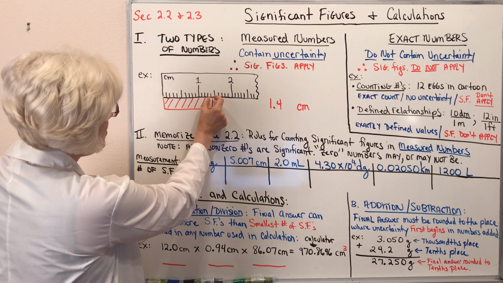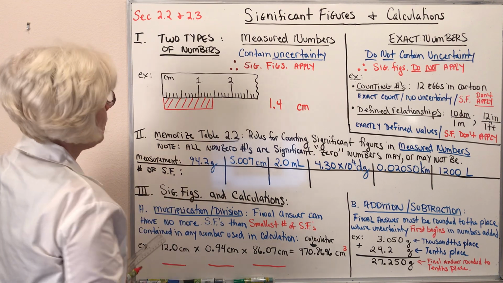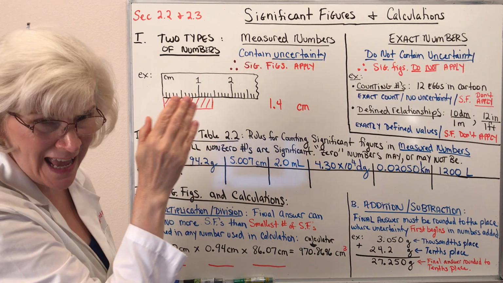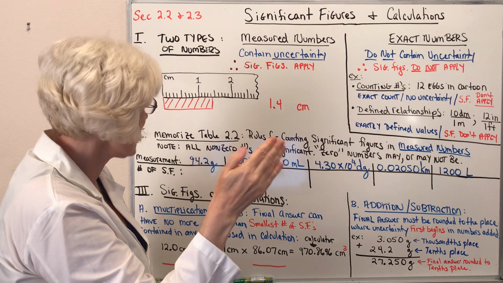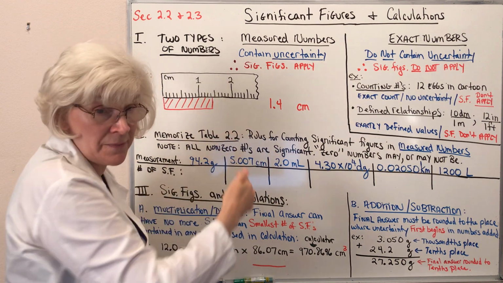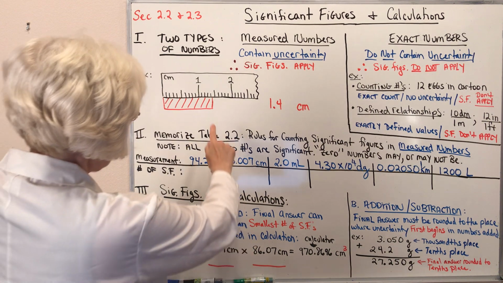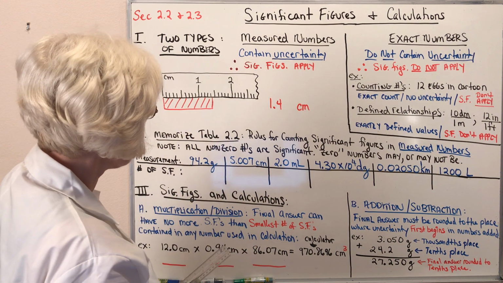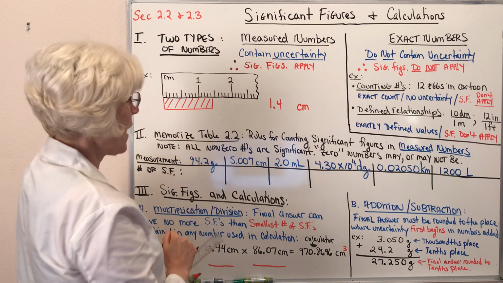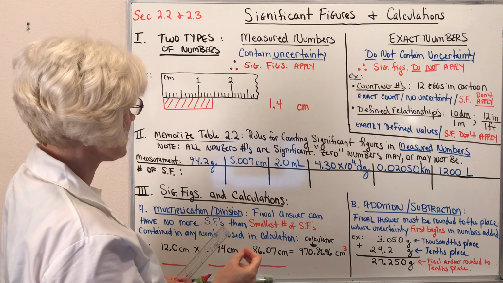So what we have to do is estimate between the 1.4 and the 1.5 centimeters, take that distance and mentally divide it into 10 smaller fractions in our mind and estimate. That's where the uncertainty is coming in. Now I'm looking at this length myself, and I think that it is less than halfway between 1.4 and 1.5 centimeters.